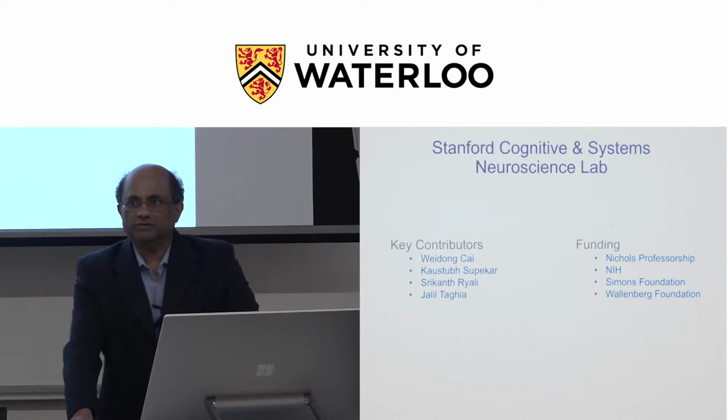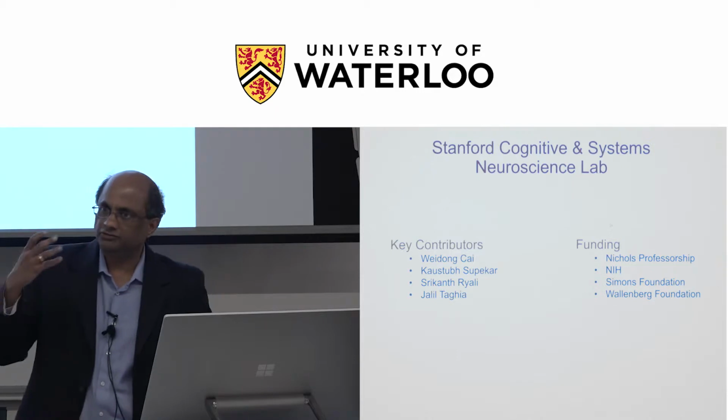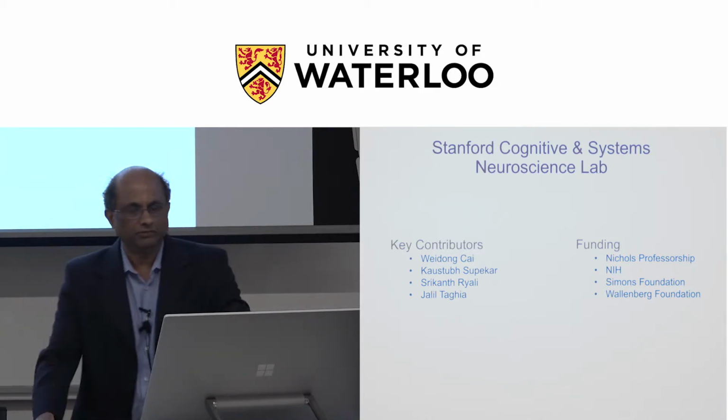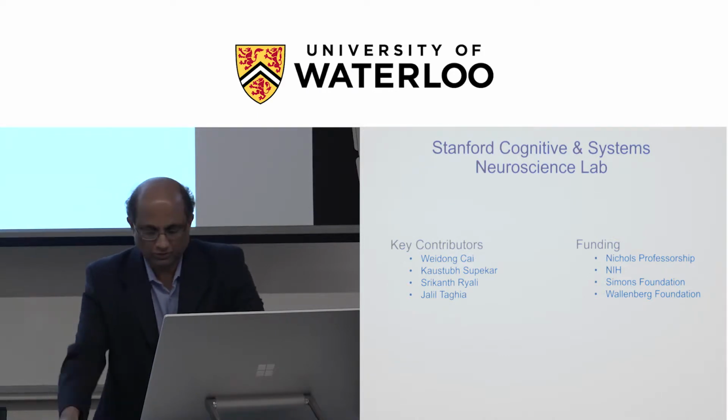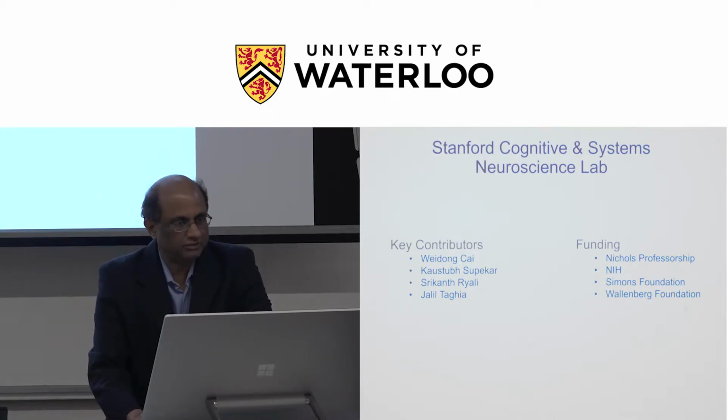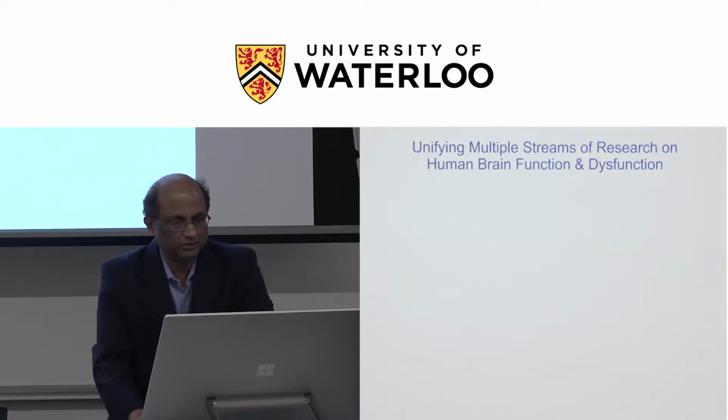And so this has been the focus of some of my work more recently, synthesizing findings across a disparate array of fields, and that's what I'm going to be talking about. At the outset, I want to acknowledge the key collaborators and funding, and I'll mention the individual contributions as I go along.